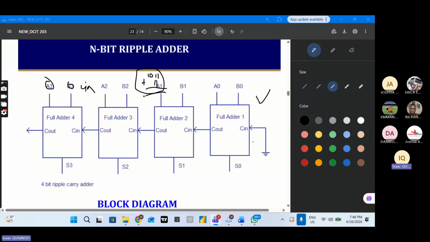And so usually if you have this kind of operation, a ripple adder is needed to perform it.